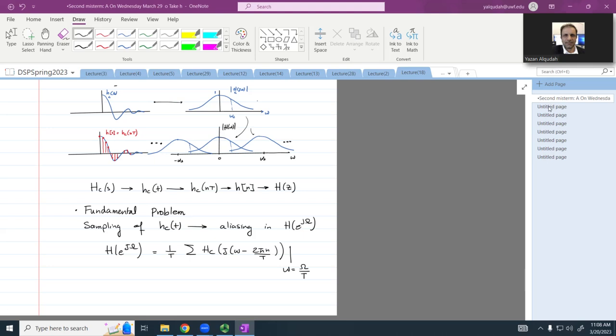Now if you look at how the frequencies from the continuous time domain to the discrete time domain are mapped, we can see the impact of the aliasing.